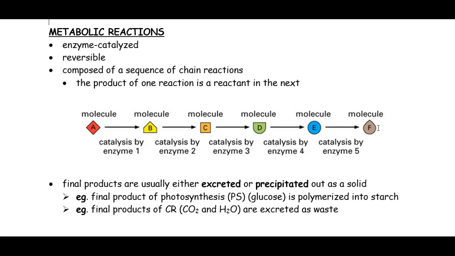And so that metabolic process is going to involve sometimes energy being put in at a certain point and sometimes energy being released at a different point. So the final product is going to be excreted or precipitated out. A good example of that would be in photosynthesis, where we end up with some glucose, which is going to end up as starch. So that's our final product of that metabolic process.